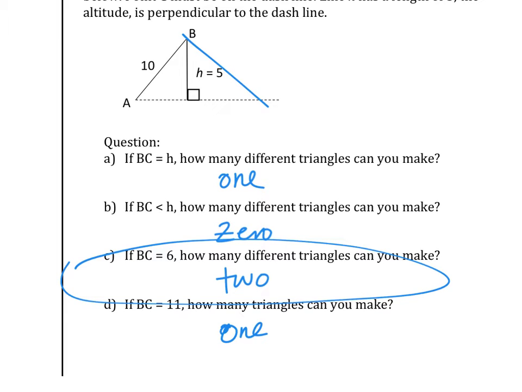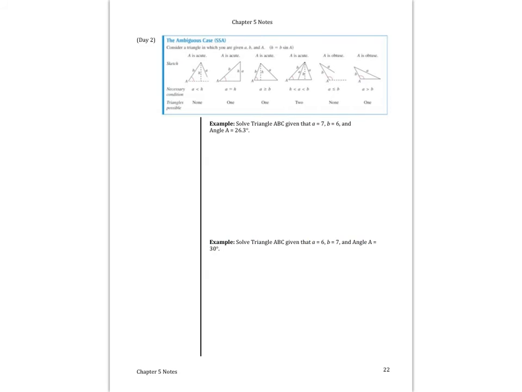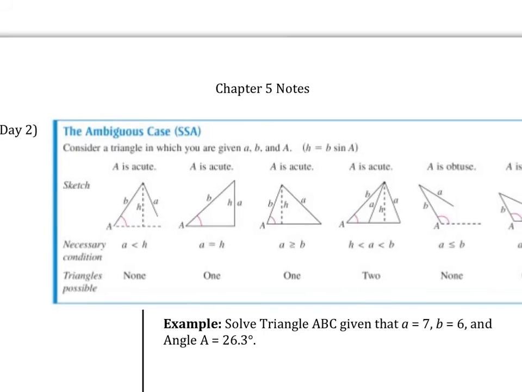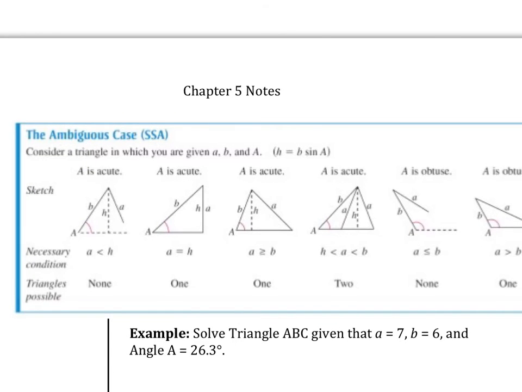The measurements they give you could possibly create two triangles. Okay, and this is the case of SSA, so two sides, one angle. All right. This is a very nice summary. So if you go home and do your homework and you don't know how many triangles are possible, you look at this chart.